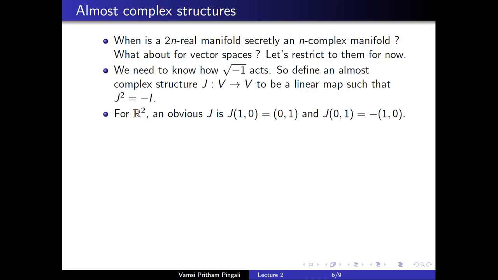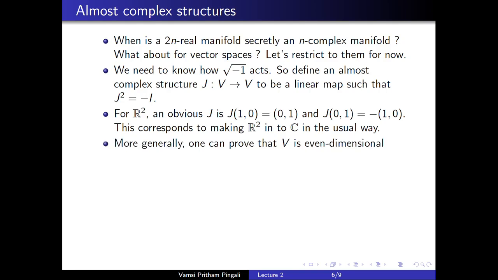That defines an almost complex structure on every tangent space. But anyway, coming back to this, the obvious almost complex structure on R^2 makes it into C in the usual way.